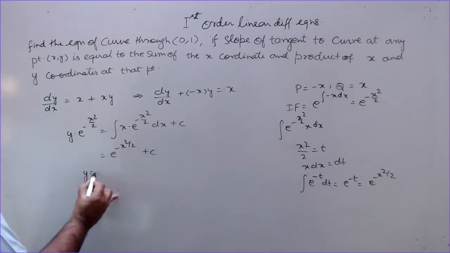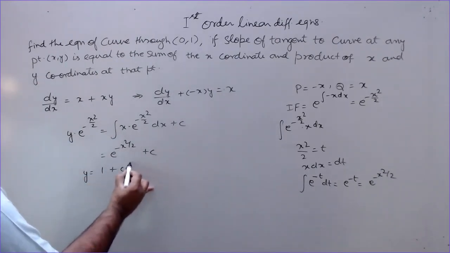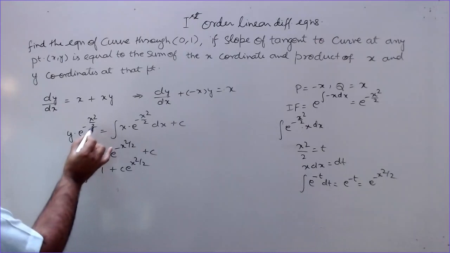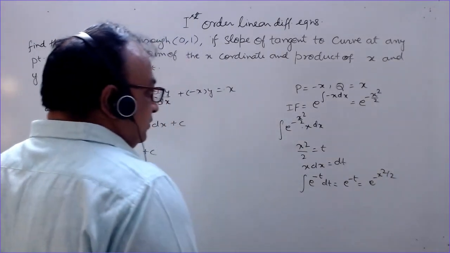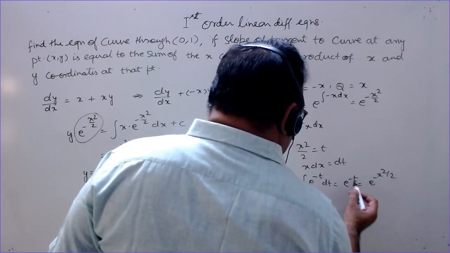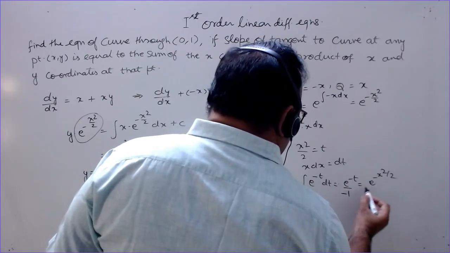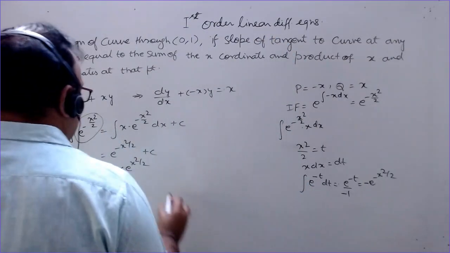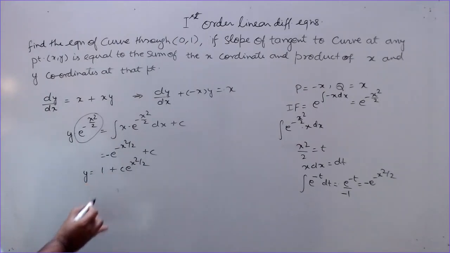So y is equal to minus 1 plus c e to the power x square by 2, dividing by this on both sides.